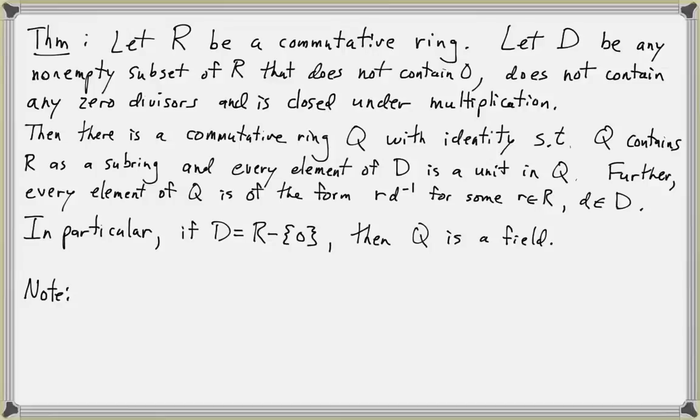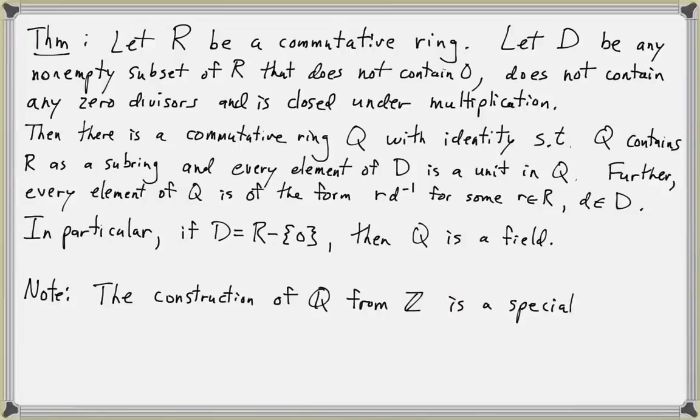And note, once we finish proving this, we can see that the construction of the rationals from the ring of integers is a special case. And indeed, the construction of the rationals from the integers is the motivating example for this theorem.